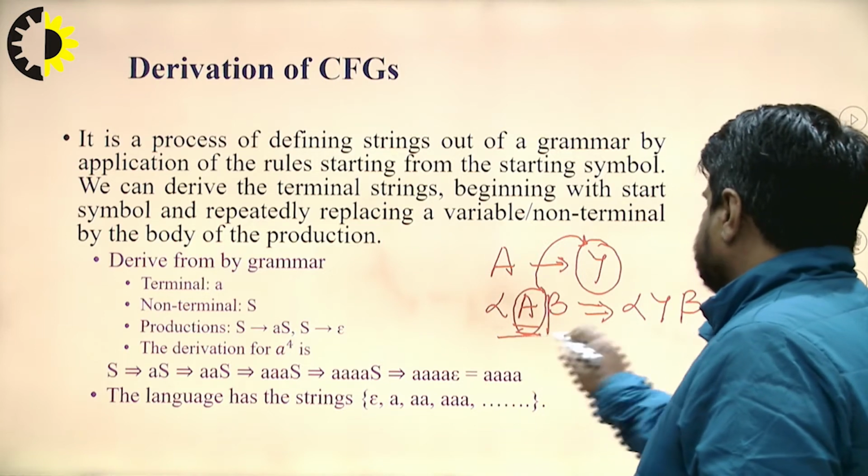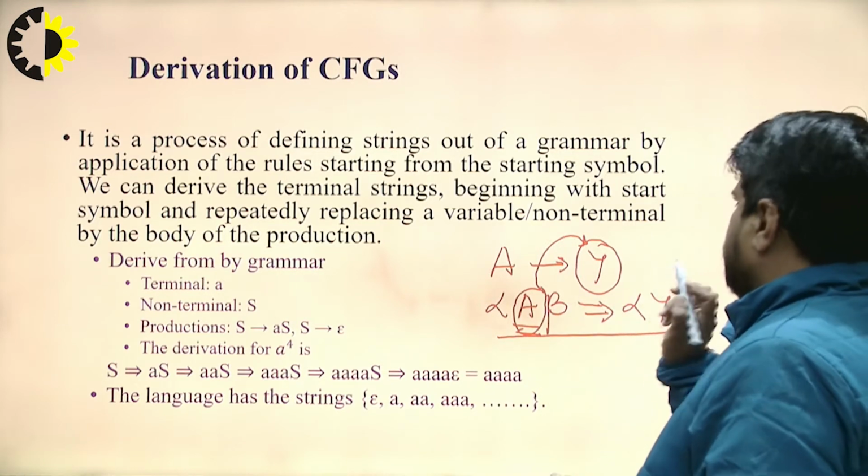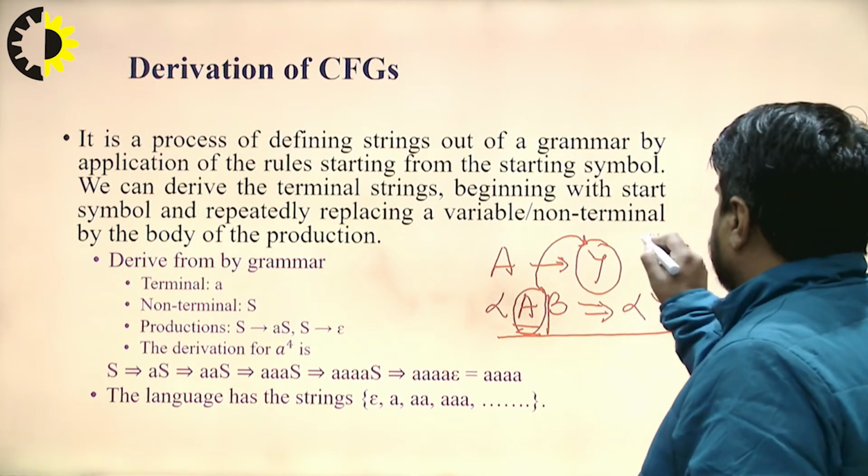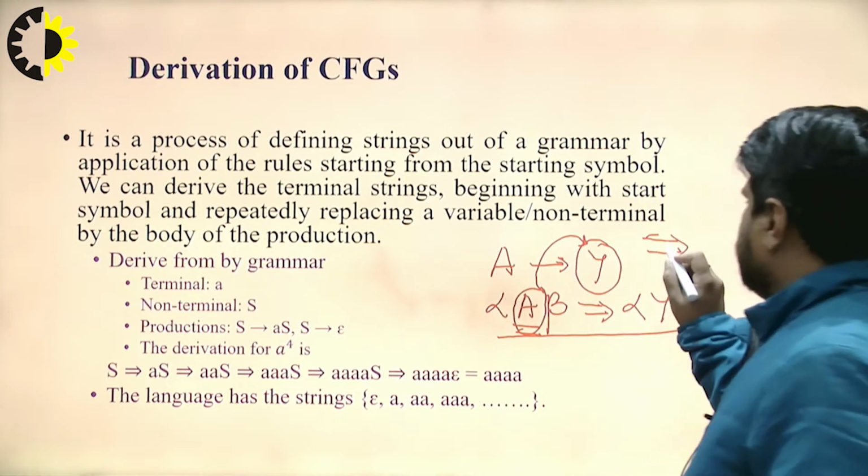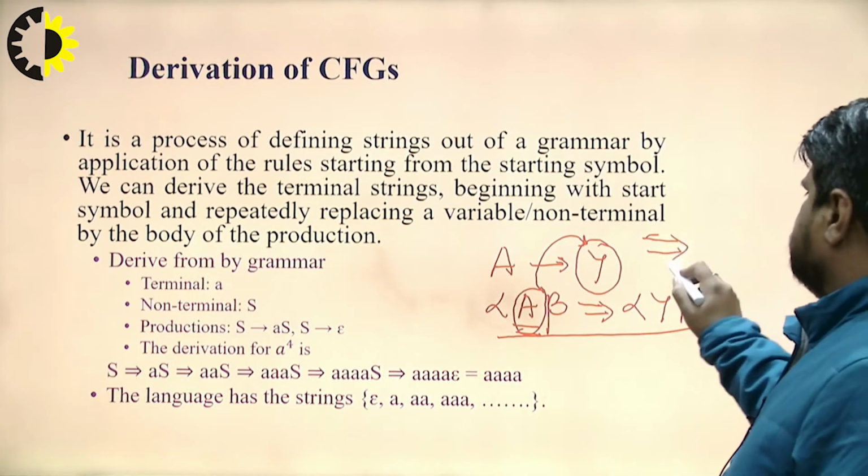Whenever you replace only one non-terminal, it is called a single step derivation, and it is denoted by a particular symbol.